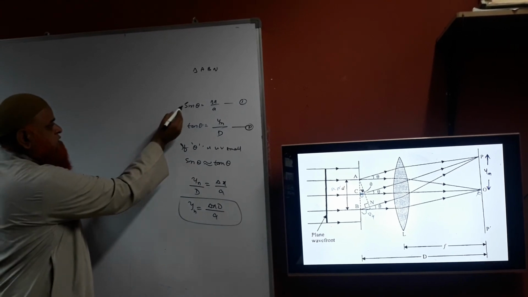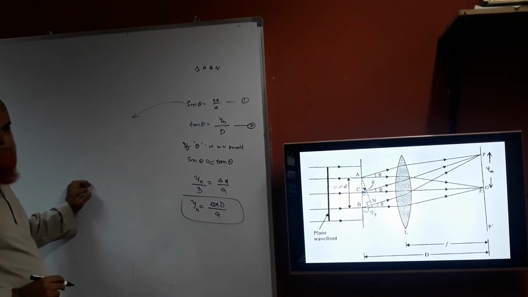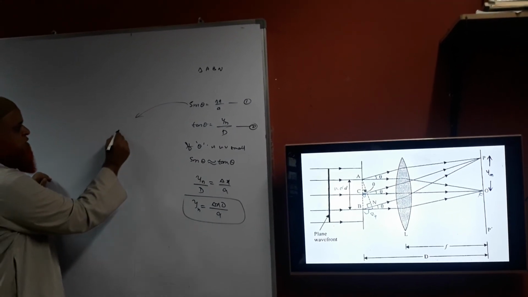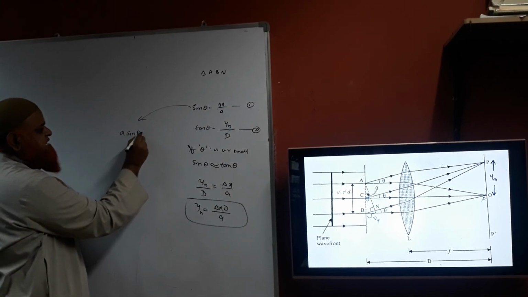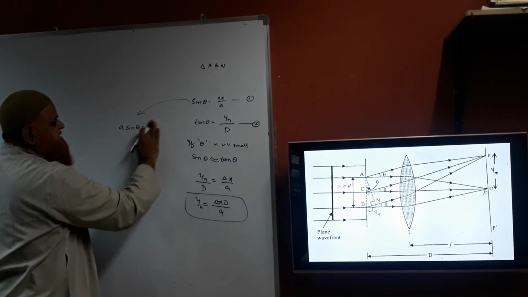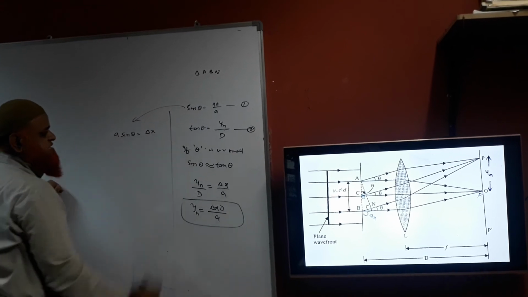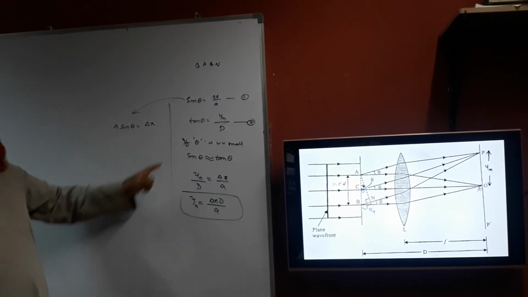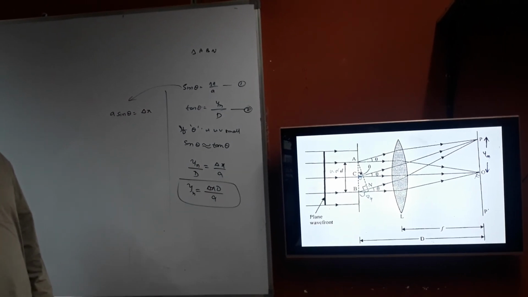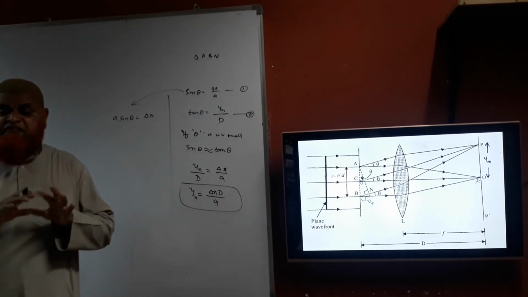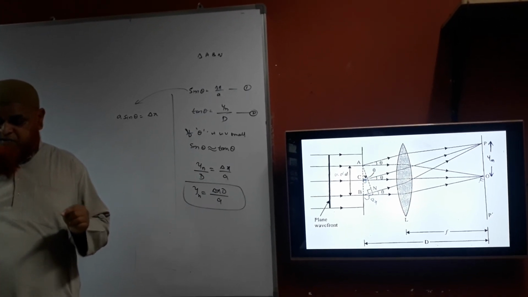Now this can also be written like this. What is that? a sin theta can also be written as delta x here. Here it is completely different from Young's double slit experiment.